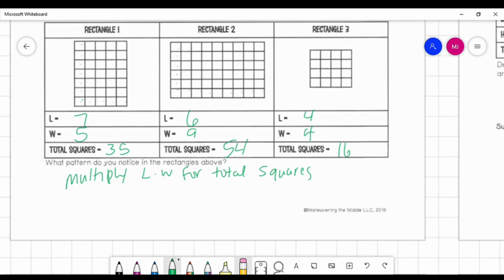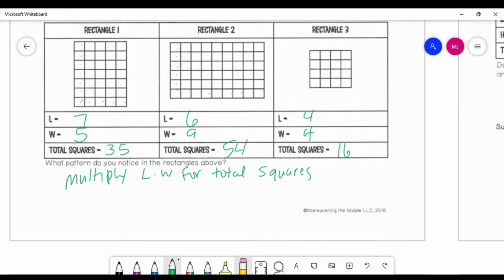Multiply your length times your width for total squares.